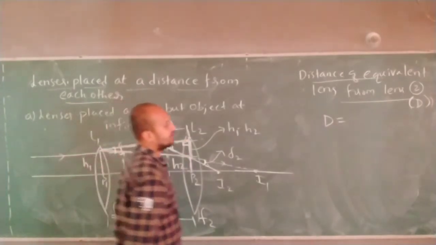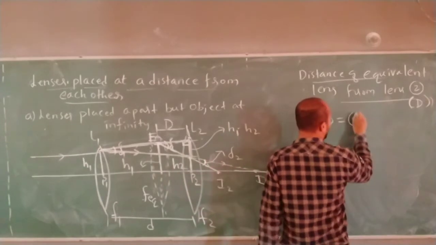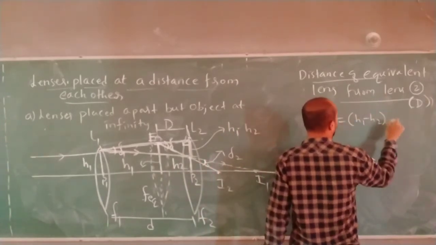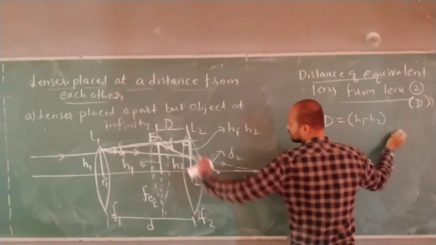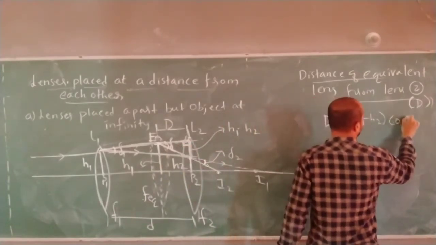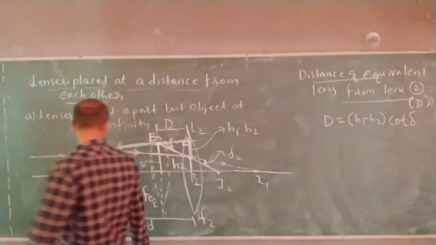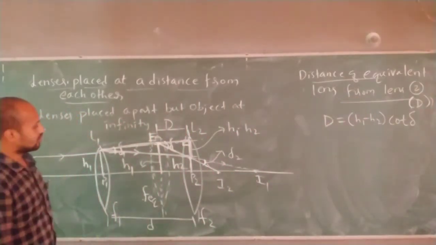So I can write D is equal to H1 minus H2, this is the opposite side, into cot dou. Correct? H1 minus H2 into cot dou.